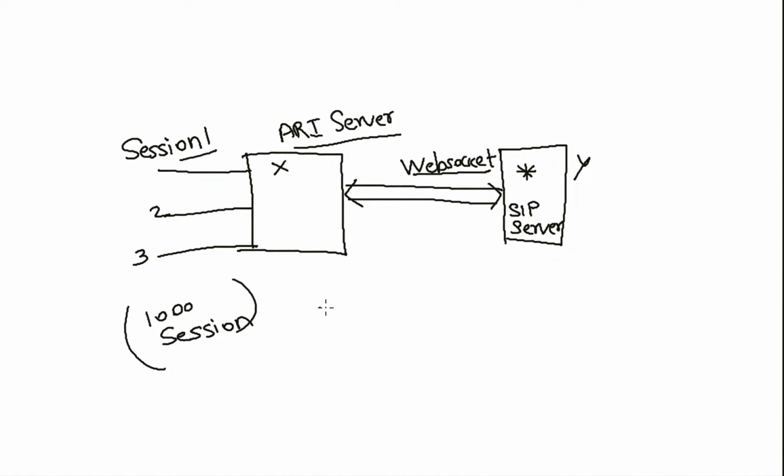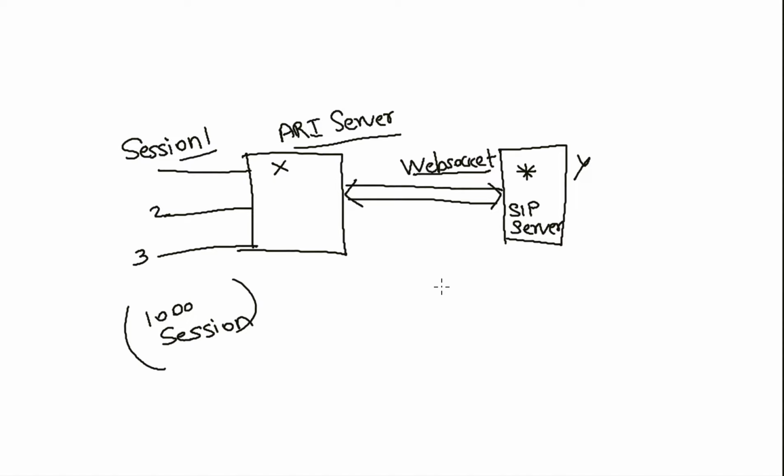What are those events? Events are like when the called party hangs up, or when the calling party hangs up, or when there is a ringing event from the remote server. So likewise, there can be several events happening on any session.